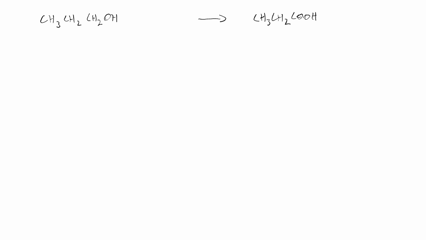Now remember from our accounting we did before, we know that that's also going to produce 4 electrons in that little oxidation there. Now we'll just do a little bit of balancing. We've got 2 oxygen on the right in our acid, and we've only got 1 in the alcohol. So to balance that up, we need to add a water. That's how we put some oxygen in here, by adding water.